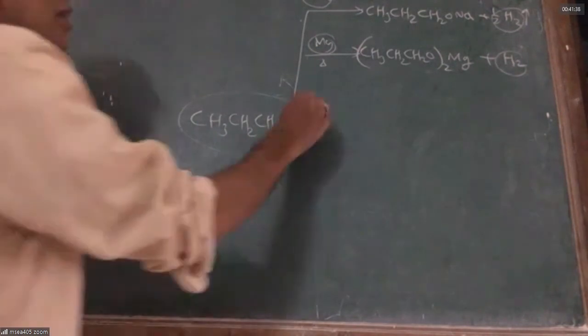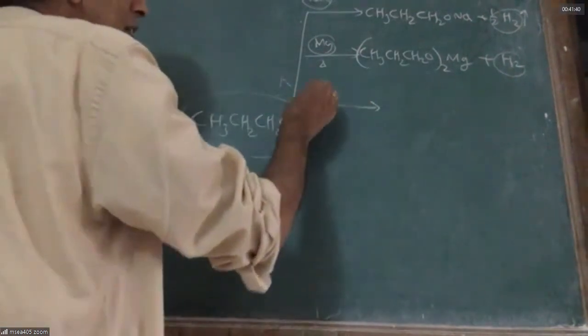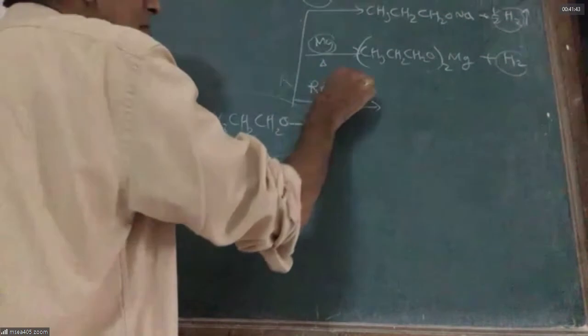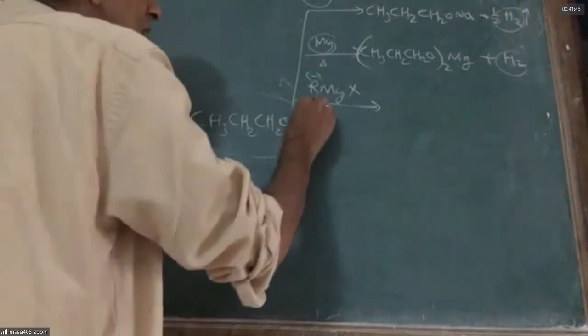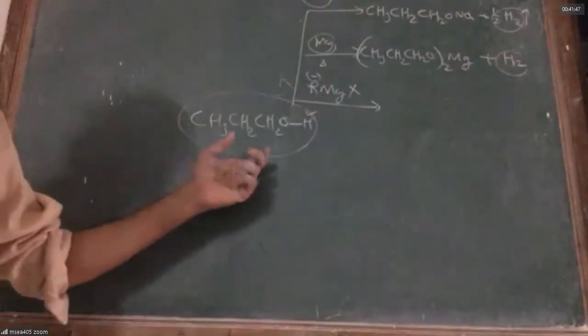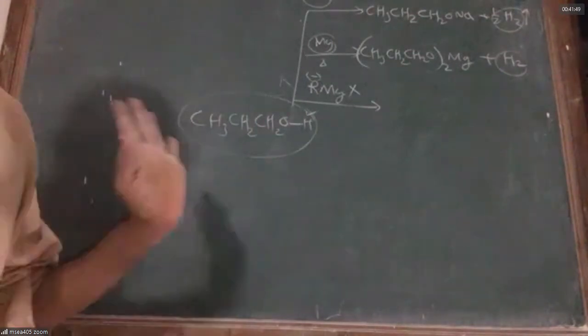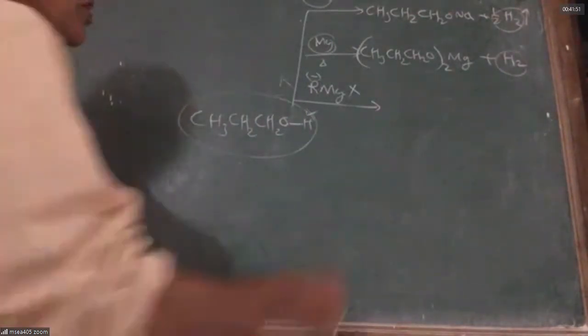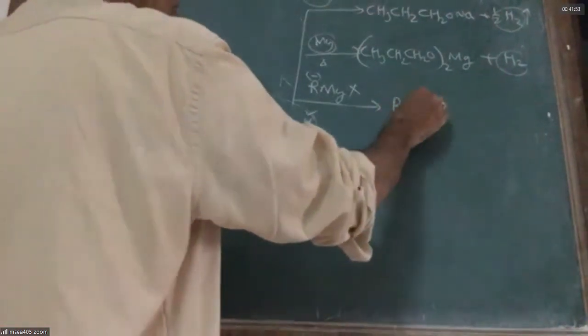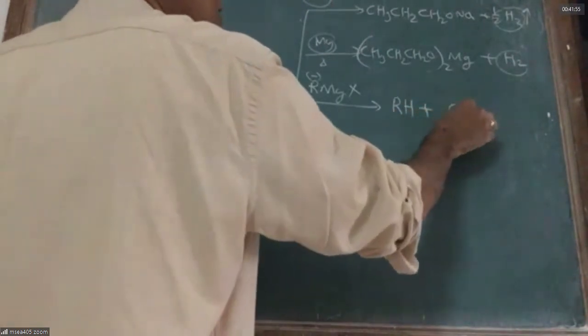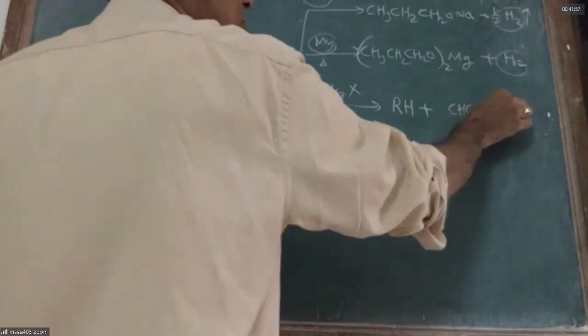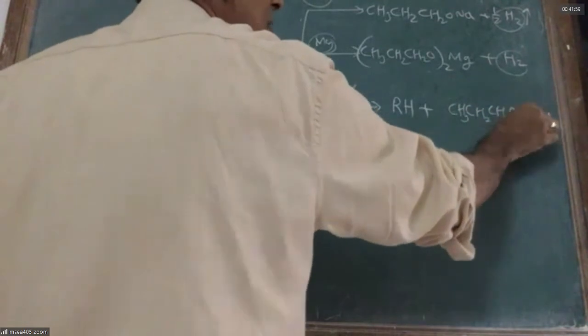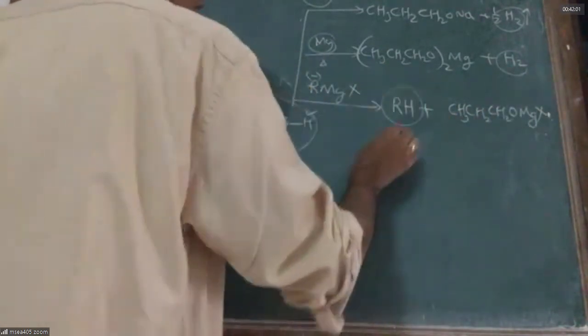Sir, when alcohol is reacting with a Grignard reagent, RMgX, the R minus will take H plus. Whenever alcohol is giving H plus, it is behaving like acid. So I get RH plus CH3CH2CH2OMgX. RH is alkane.